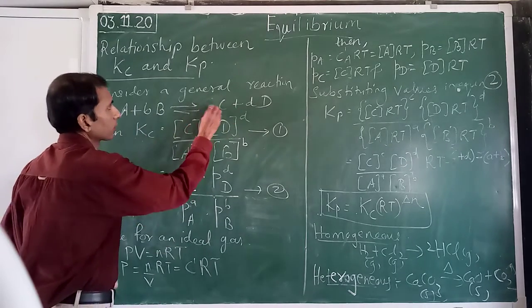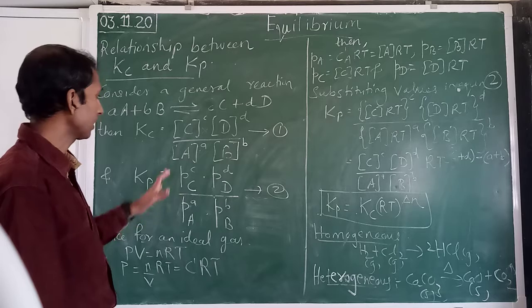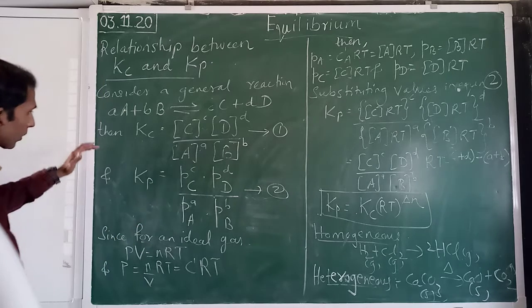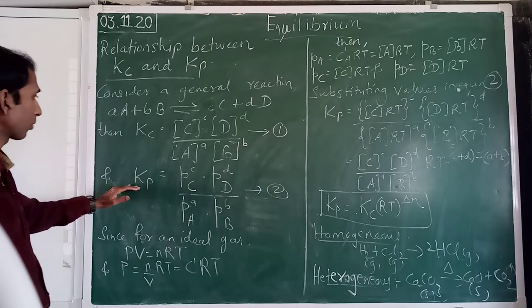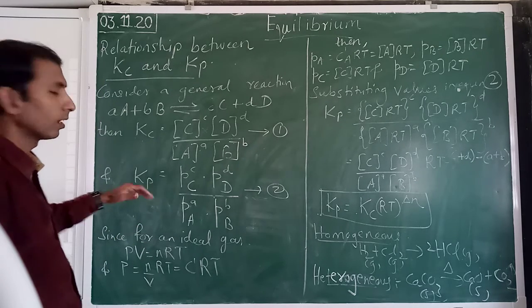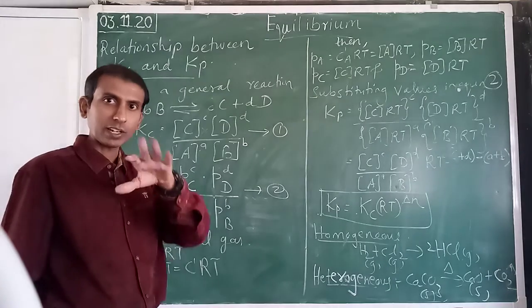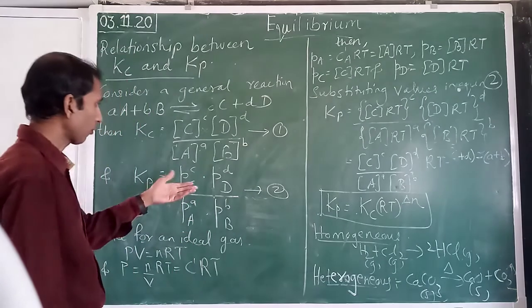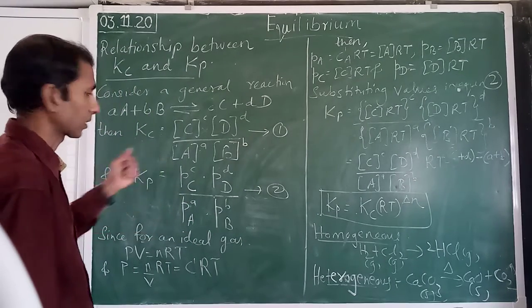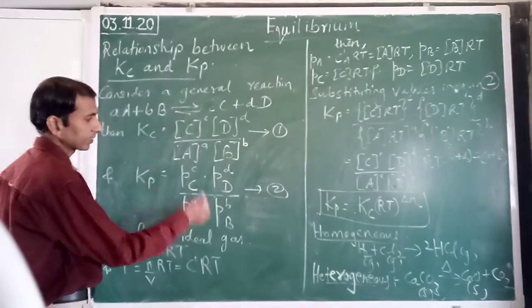And the equation for Kp we have also seen last time, where P stands for the partial pressures of reactants and products. So we write the equation like this.